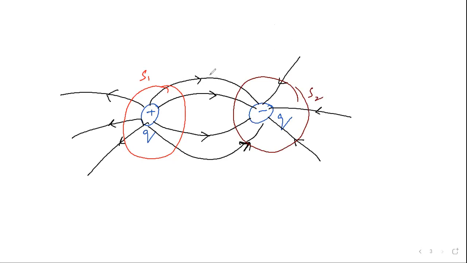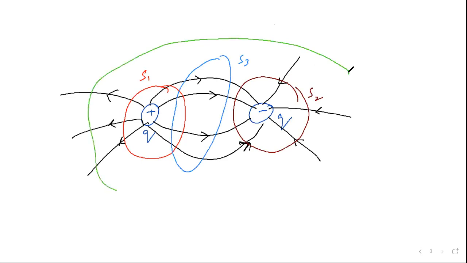Let this be S3, another closed surface. Let this be S4.